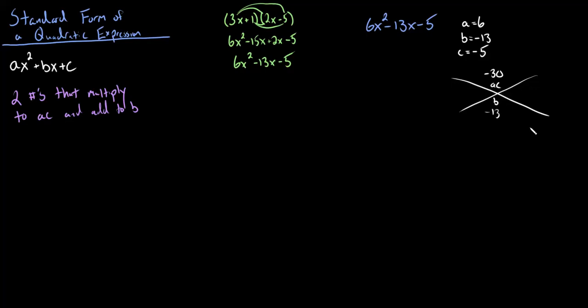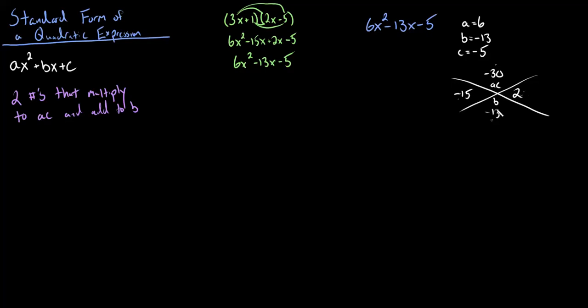You need to know your times tables. You should be pretty quick with your times tables, addition and subtraction, okay? This is absolutely vital, all right? Because I got to find these two numbers, and what these two numbers would be is negative 15 and positive 2, because negative 15 times 2 multiplies to negative 30, and negative 15 plus 2 adds to negative 13.